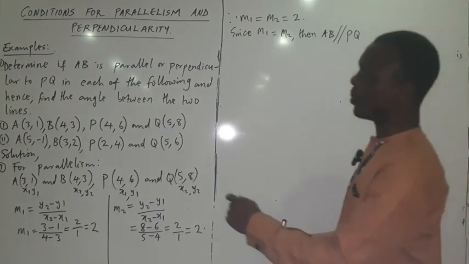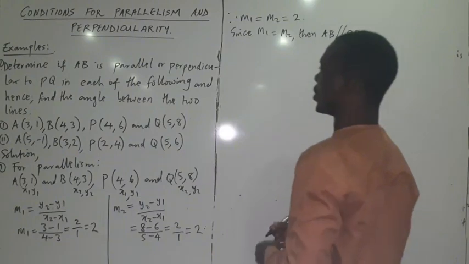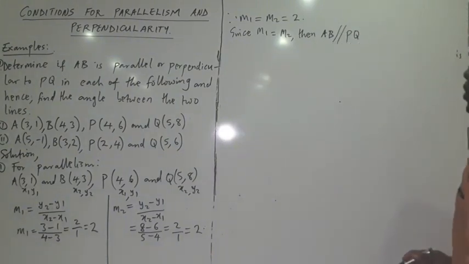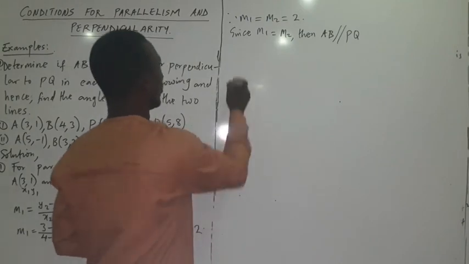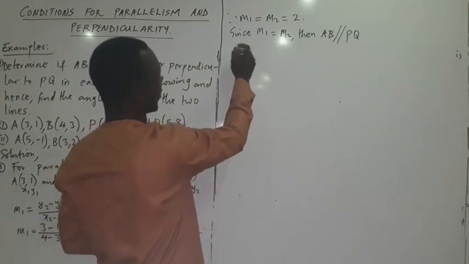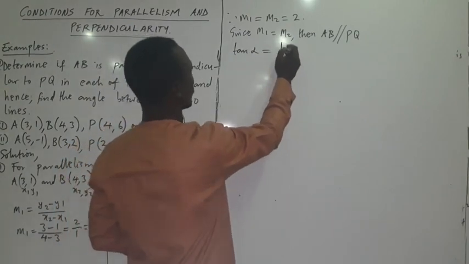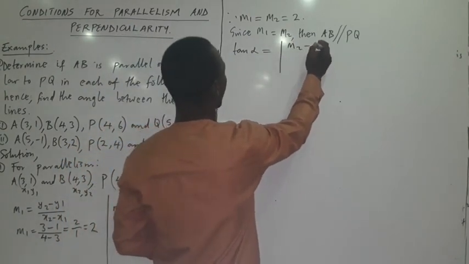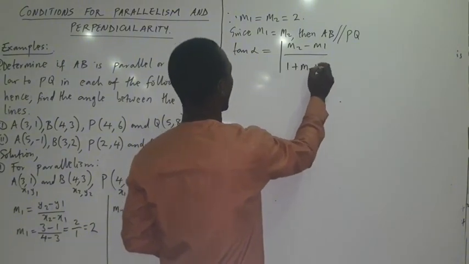Then the second part of the question is to find the angle between the two lines. To get the angle between the two lines, we make use of the angle between two lines formula. That is tan alpha equals the absolute value of M2 minus M1 all over 1 plus M2 M1.